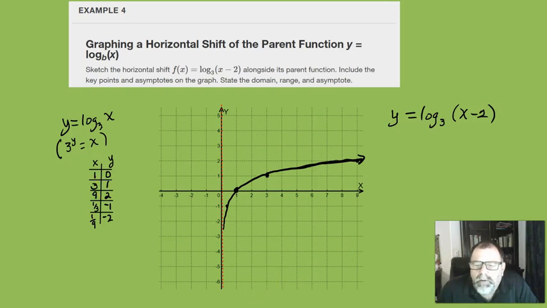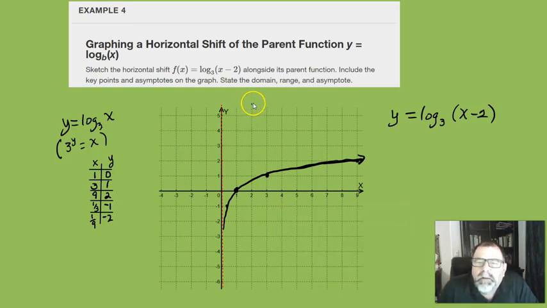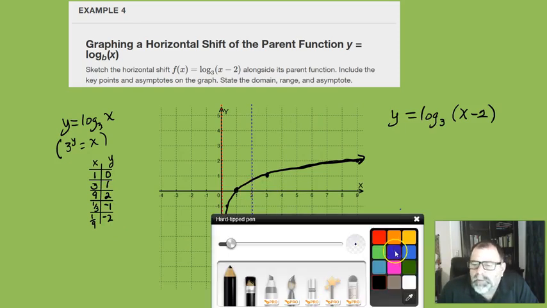Or what I do is I just say, okay, I'm going to graph this. I'm going to change it to this purplish color. So I'm shifting the origin 2 units to the right. And then I'm going to pretend this is the origin. I'm going to do the exact same points, counting from here. So let me do this in purple.